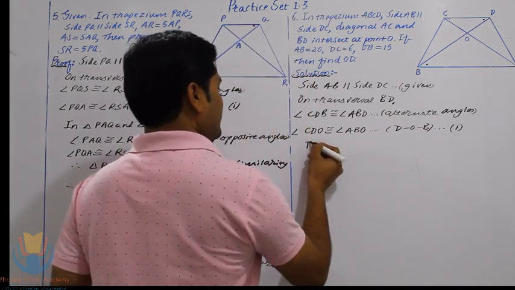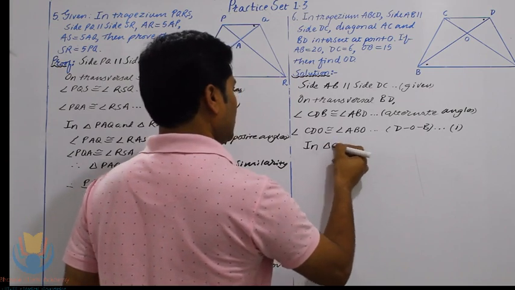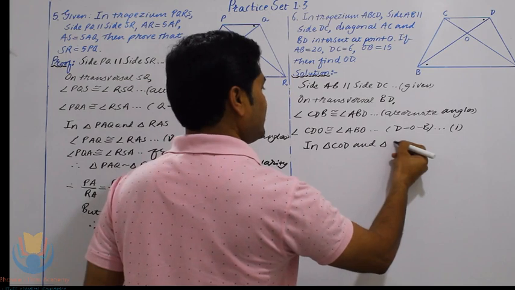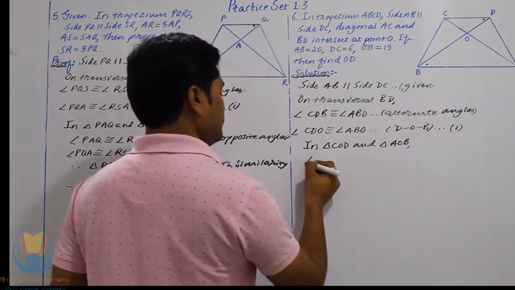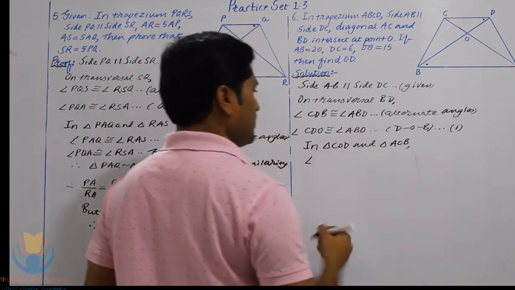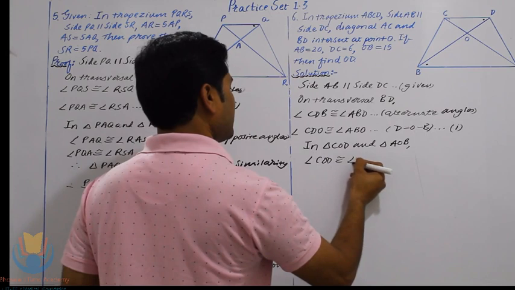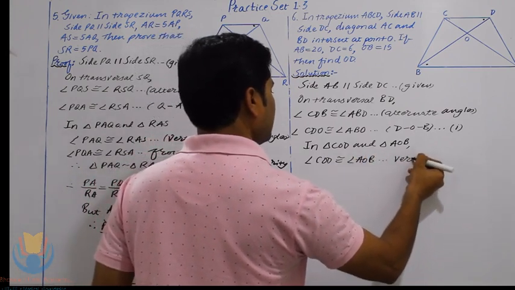So let's come to these triangles. So in triangle COD, and another triangle AOB. So first we will take the pair of vertically opposite angles. So this angle COD is congruent to angle AOB. So these are vertically opposite angles.